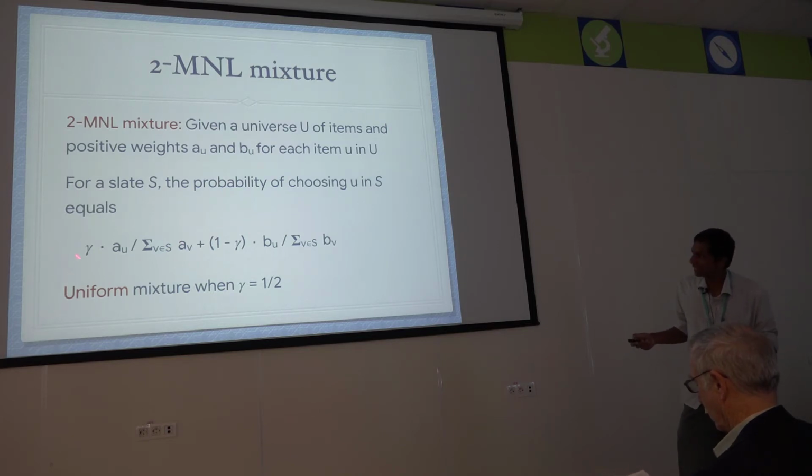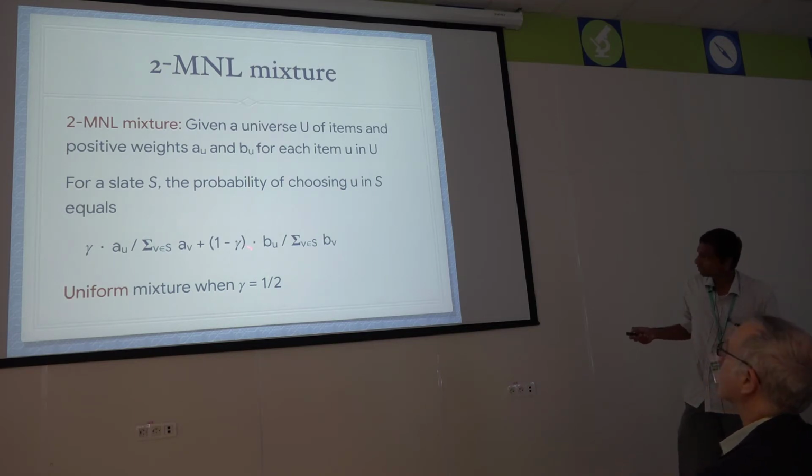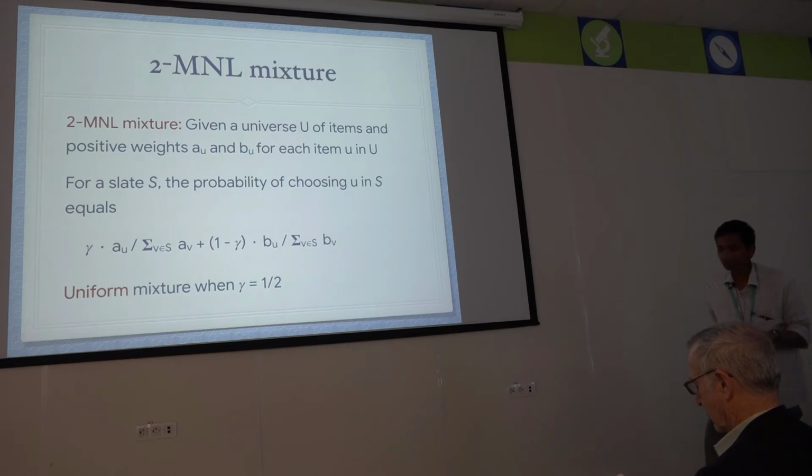There is a mixing weight gamma: the first user could be a vegan user, who chooses from this slate with this choice probability, and a non-vegan user chooses according to his own probability. We'll consider only uniform mixtures, so we'll assume these are half-half. This one is able to capture these 2 types of users.